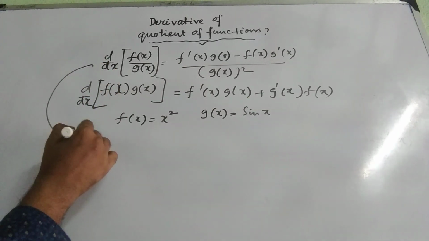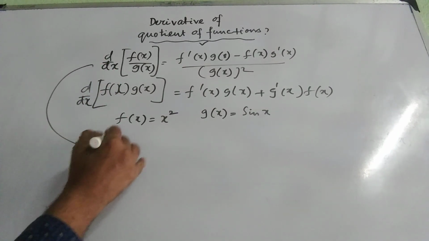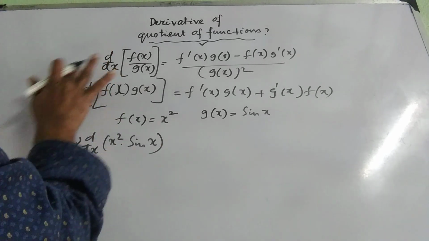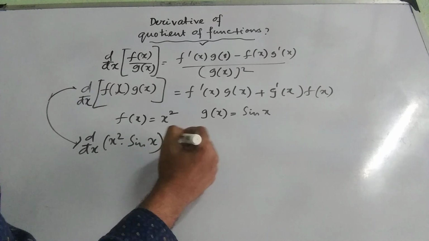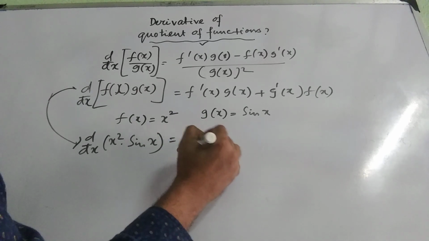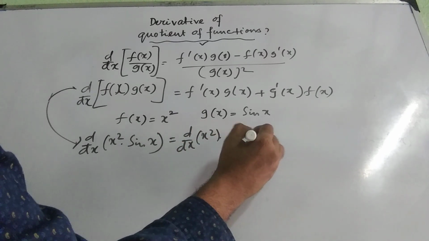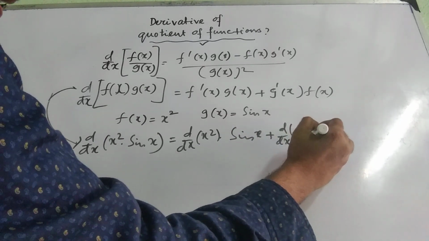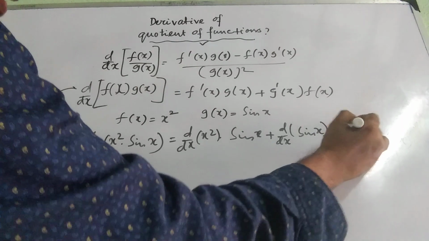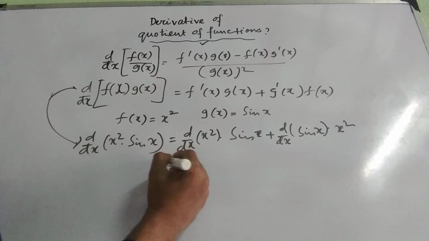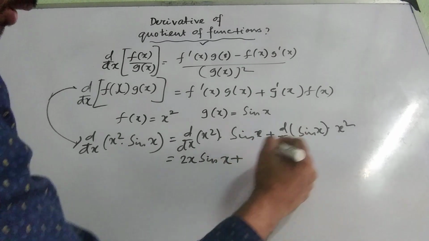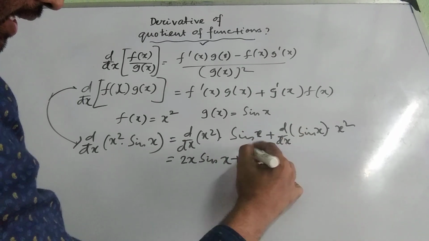In that case, let me first show you the product: d/dx of x squared into sin x is d/dx of x squared into sin x plus d/dx of sin x into x squared. What is d/dx of x squared? That is 2x sin x plus d/dx of sin x, which is cos x, into x squared.